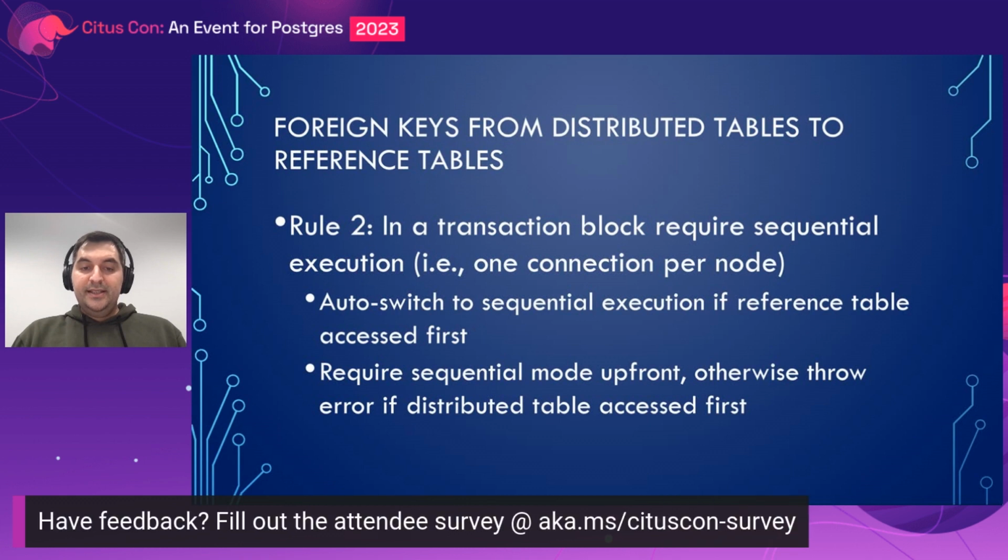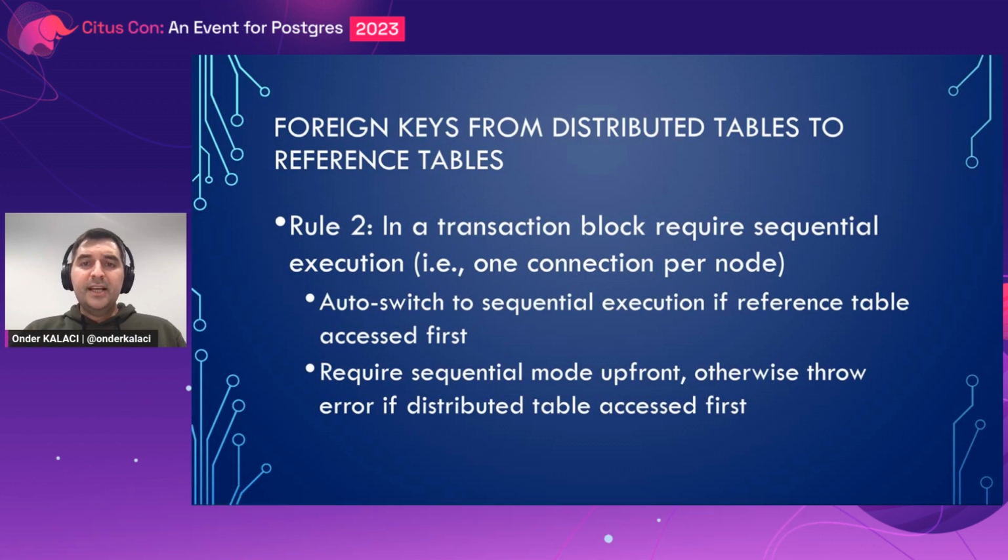And the other case is that if you first access a reference table which has a foreign key from a distributed table, then Citus can automatically switch to the sequential mode, so that within the same transaction, the modifications to the distributed tables go through the same connections, so that we don't get into concurrent sessions on the workers trying to acquire the same lock, and to prevent deadlocks.